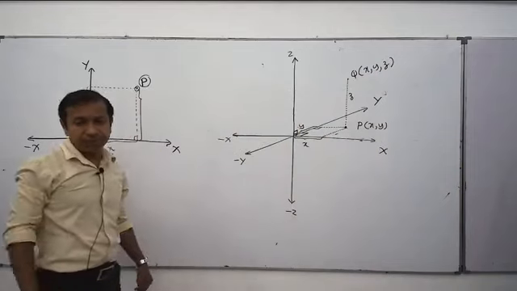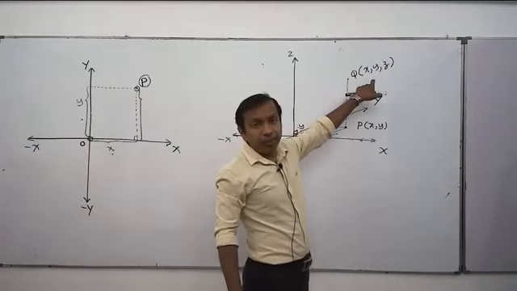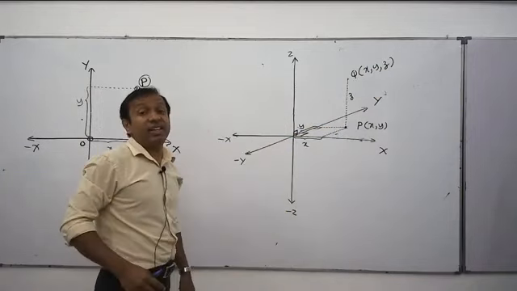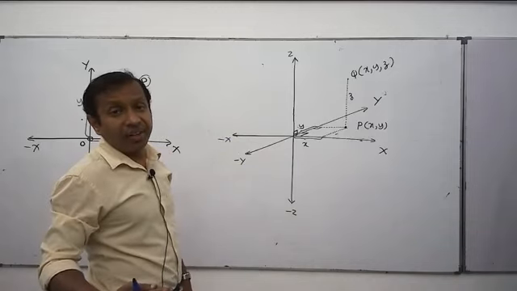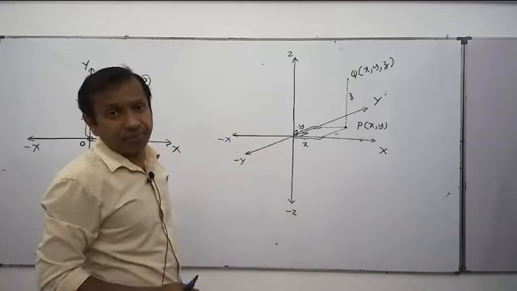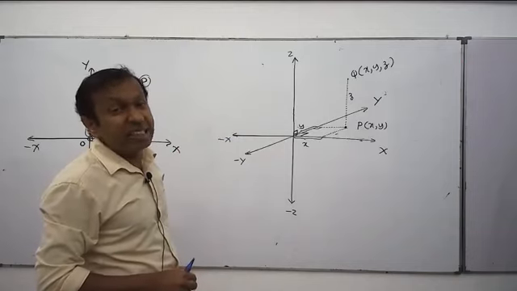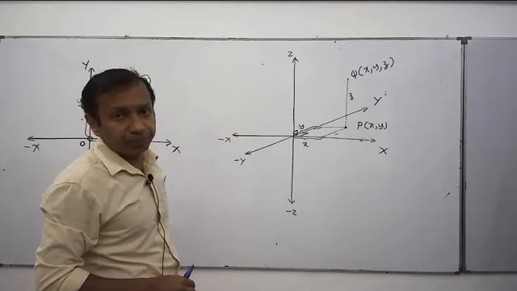So now to explain the point Q, we need at least 3 data, the distances along x-axis, y-axis, and z-axis. That is why we say a point in space is three-dimensional. Three data we need to explain that position.